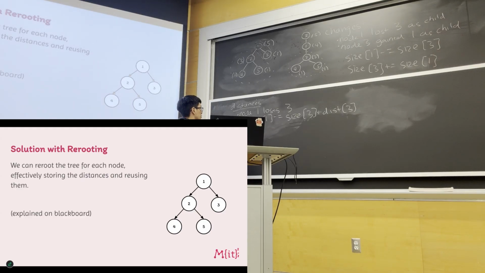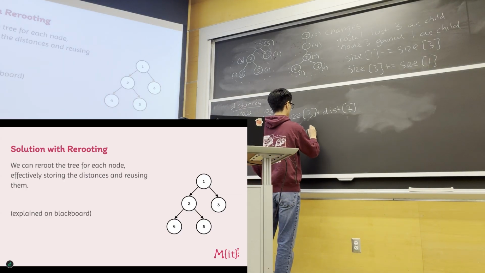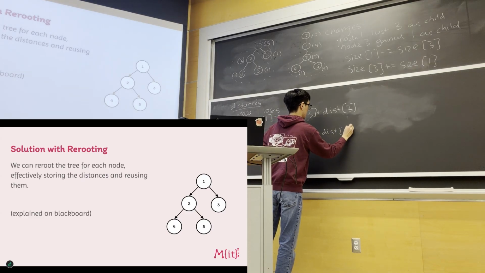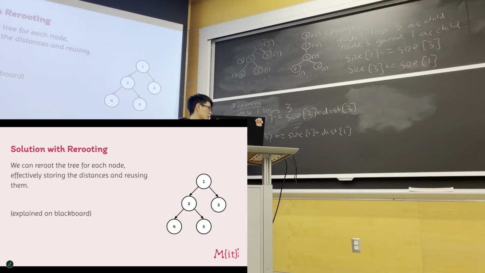But similarly, when 3 gains 1 as a child, we'll do this with 3. We'll add in the size, since we're considering 1 as a child of 3 now. So we just perform this calculation.